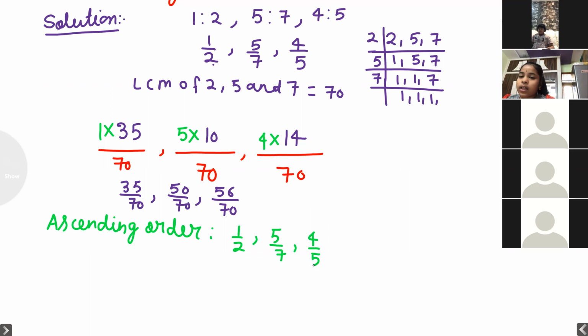Now fraction I want to convert into ratio. 1 is to 2, comma, 5 is to 7, comma, it is coming wrong.